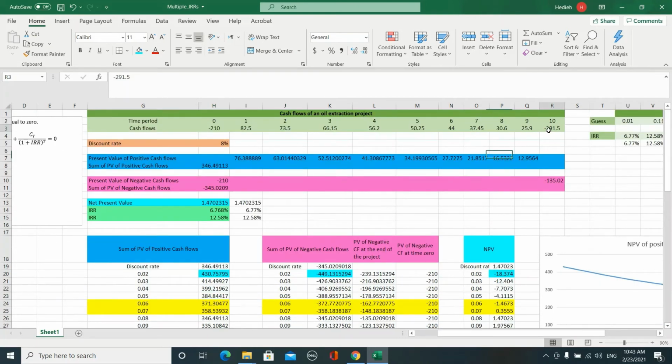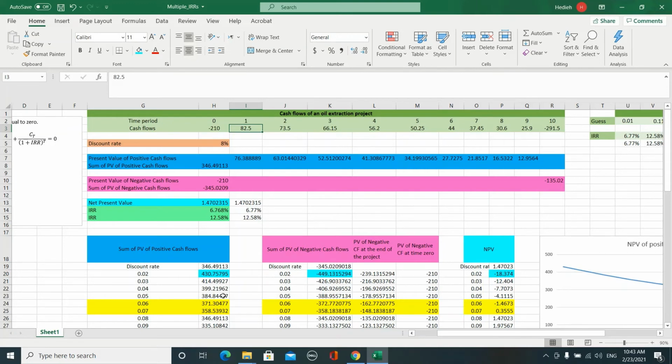You see, your negative cash flow is in year 10. So when you discount it, the effect of discounting for this cash flow is more than the effect of discounting for cash flows that happen earlier. As a result, when you increase your discount rate, you observe that the sum of the present value of negative cash flows decreases more than the sum of the present value of your positive cash flows.